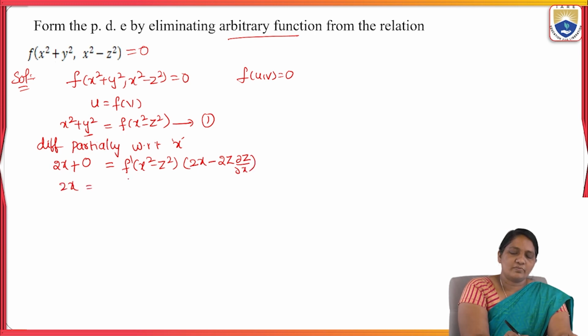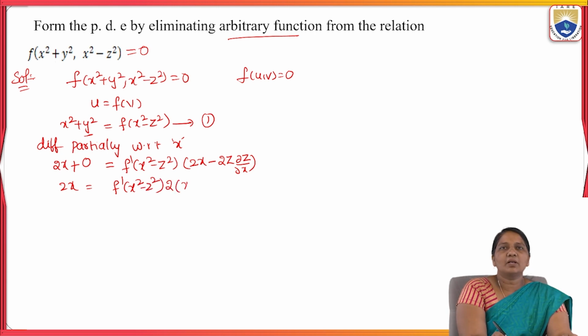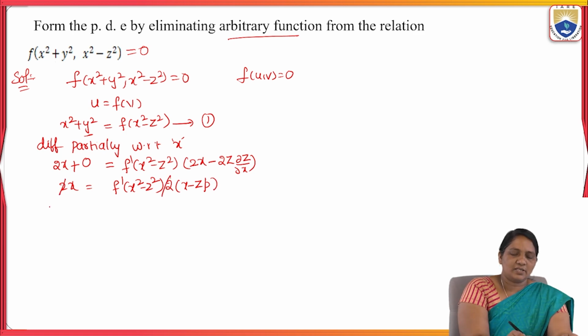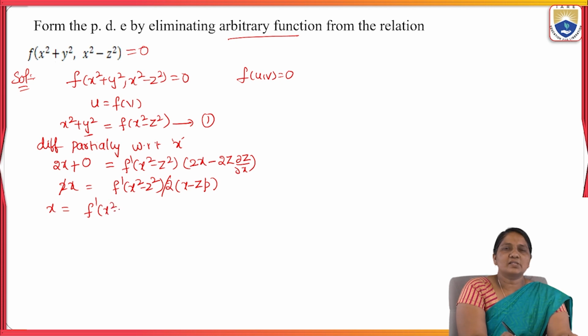Now 2x equal to f dash of (x square minus z square), take the 2 common, x minus zp. So 2 will be cancelled here. So finally x equal to f dash of (x square minus z square) into (x minus zp). This is the equation 2.